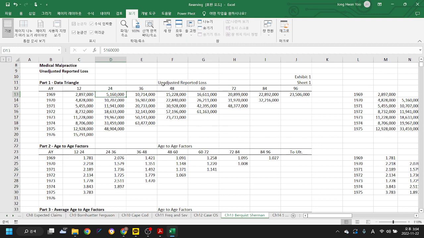Before Berquist Sherman adjusts the reported loss, it is the unadjusted reported loss. So it's the sum of cumulative paid losses and case outstanding for each accident year as at each development period.